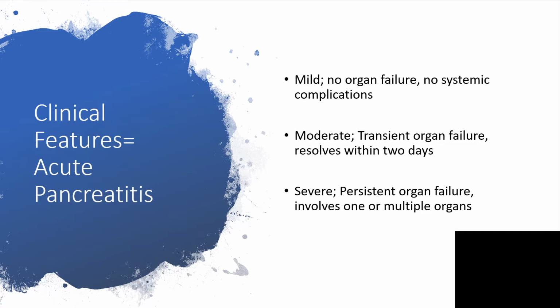But mostly could be severe when there is persistent organ failure that could even involve more than one organ. So in that case, multiple organs will be involved. Later on, when we go over the clinical features in detail, we will get a clearer picture.